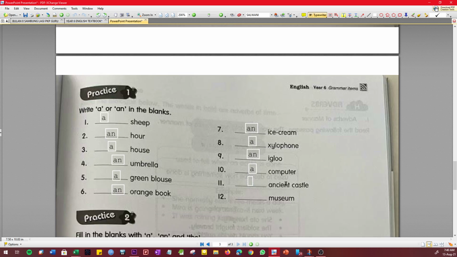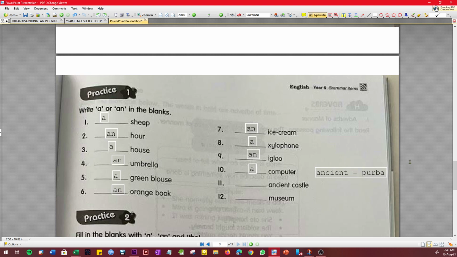Castle. Okay, so this one, ancient castle. So we need to look at the adjective. Ancient means purba. So tahu tak maksud purba apa? Ancient means lama lama. Kalau dalam tahun 2000 lama tak?